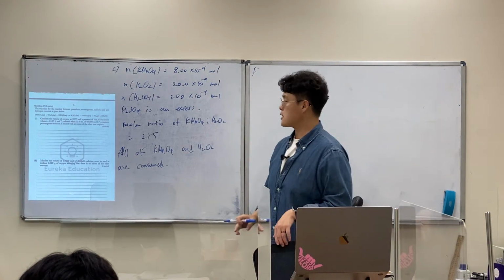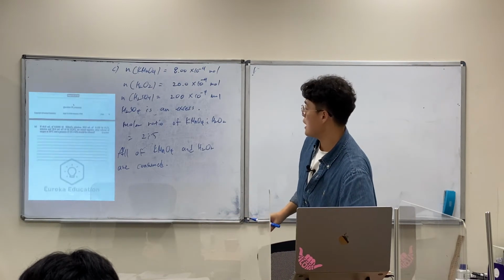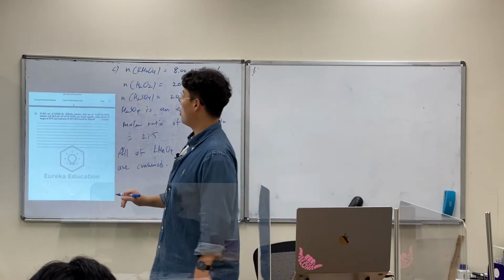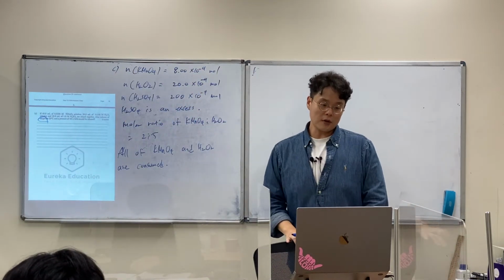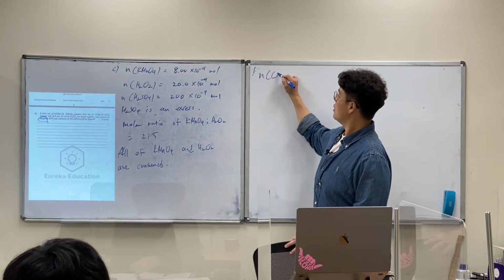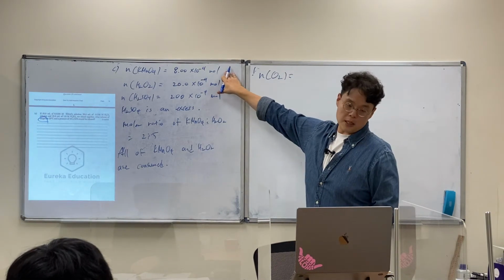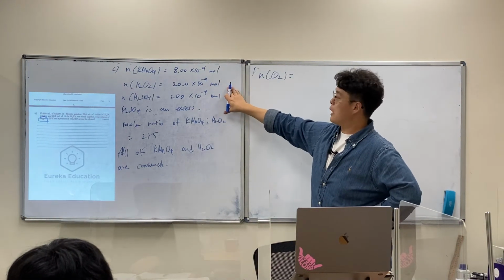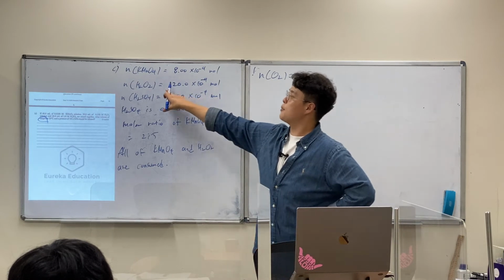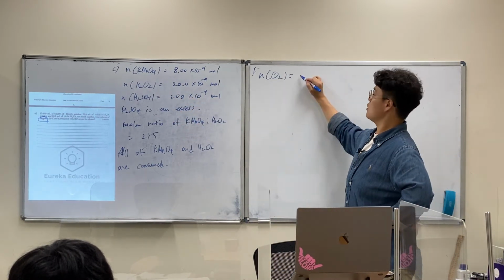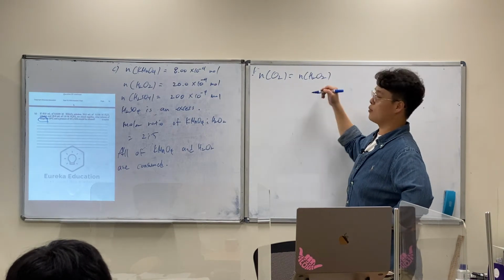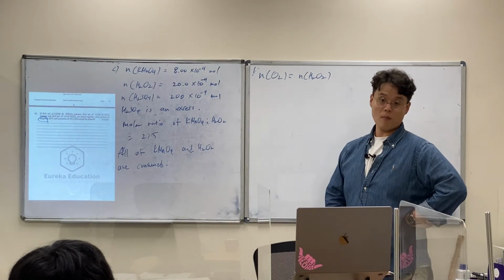Now, what is the question asking you to find? It's asking you to find what volume of the oxygen is produced. Thinking about the oxygen, nO2, using the potassium permanganate or the hydrogen peroxide, they have an equal ratio, 5 to 5. So it equals nH2O2.